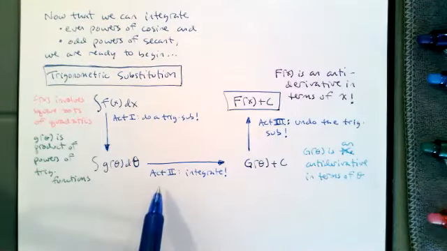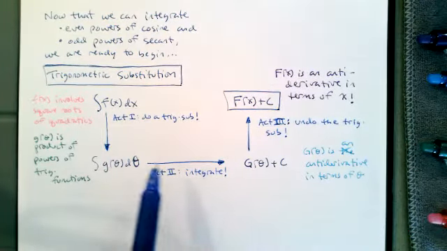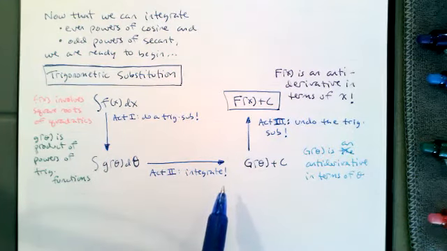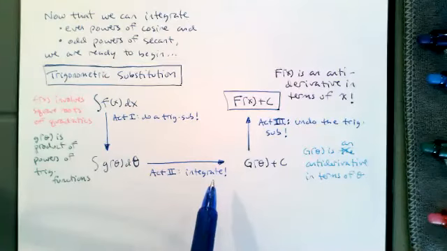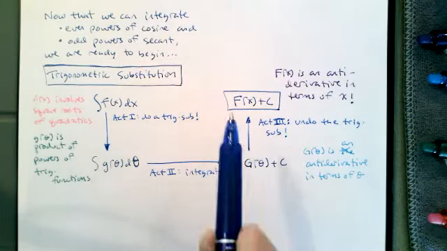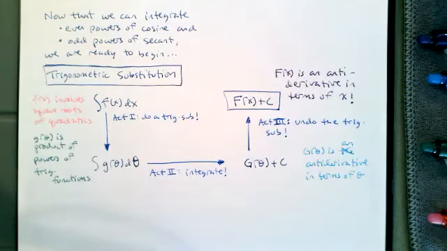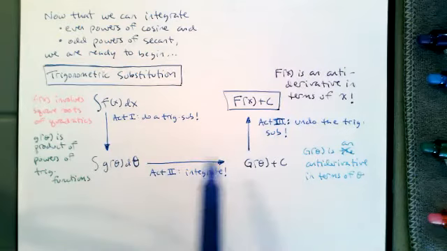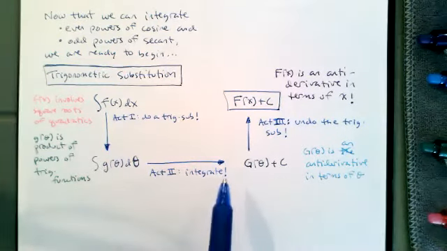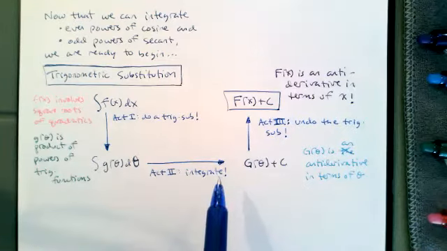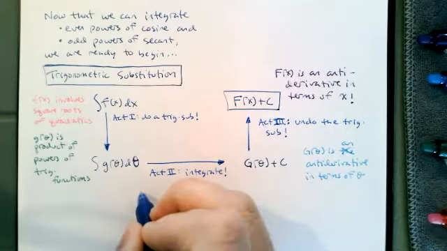We've already learned how to integrate. This integration is what we've been working on. This integration is where those even powers of cosine and odd powers of secant are going to show up that really confirm that this process was necessary. If we can do Act 2 with substitution, then we probably didn't have to do trigonometric substitution at all. So this is where we should expect to see even powers of cosine and odd powers of secant.